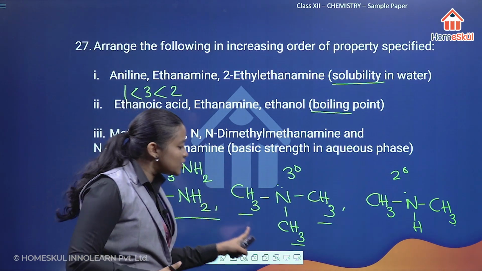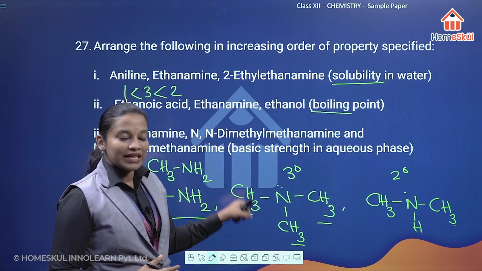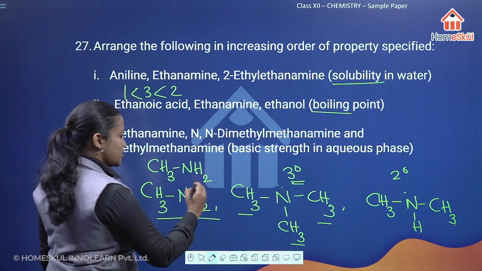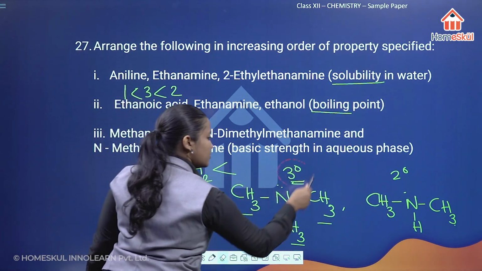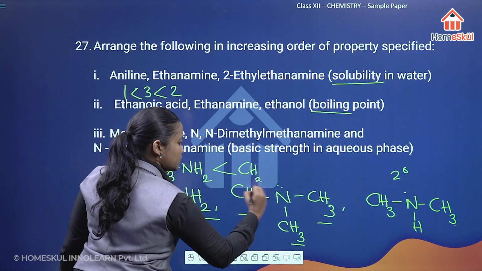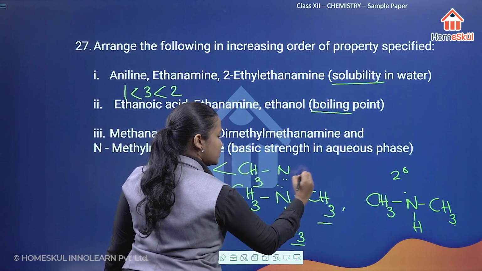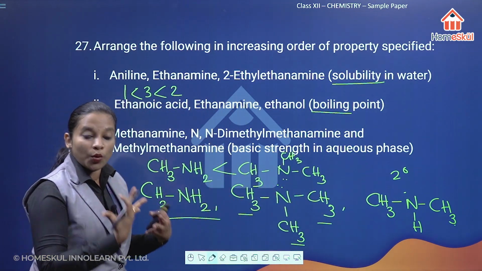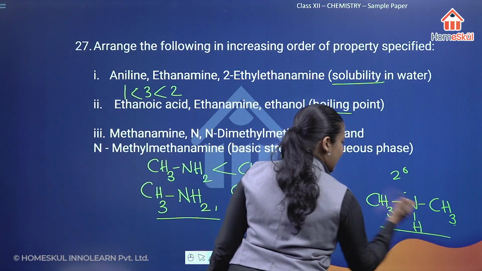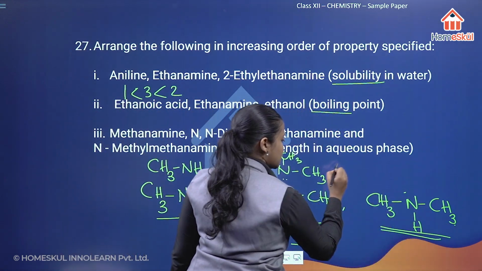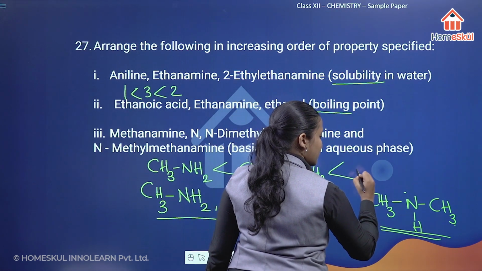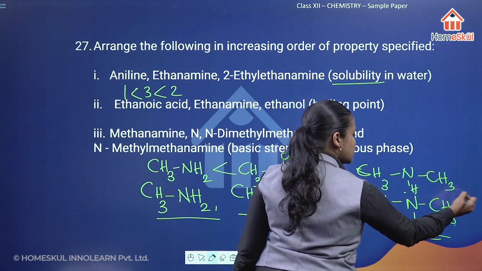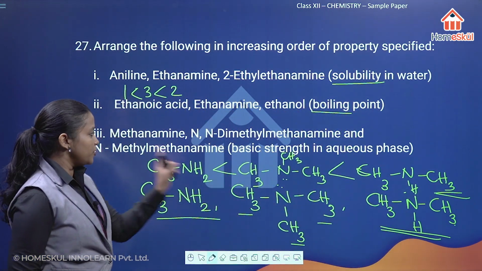Due to the presence of three CH3 groups, the basic strength decreases in the case of tertiary. So the tertiary one comes second. Which has more basic strength? That is the secondary species, CH3NHCH3. It will possess more basic strength. This is the order.